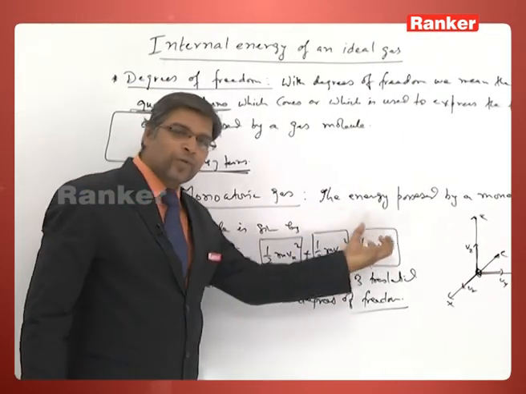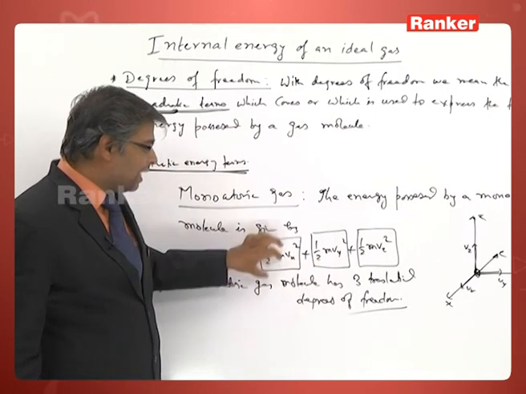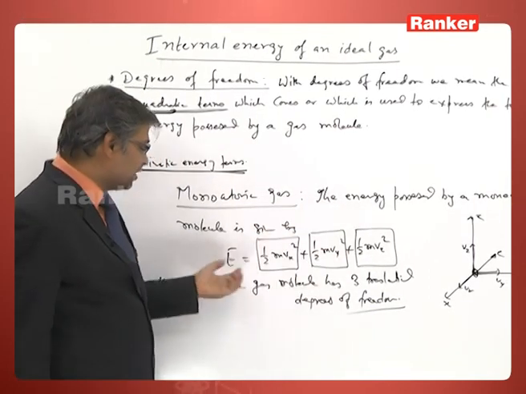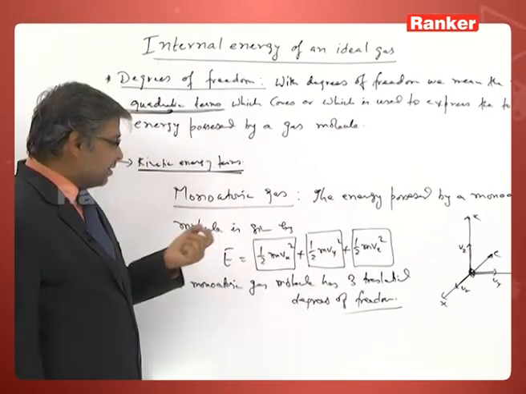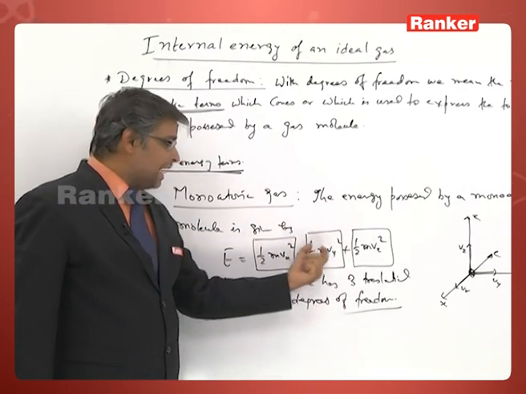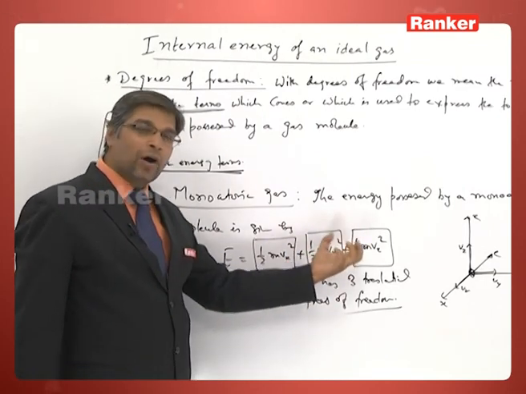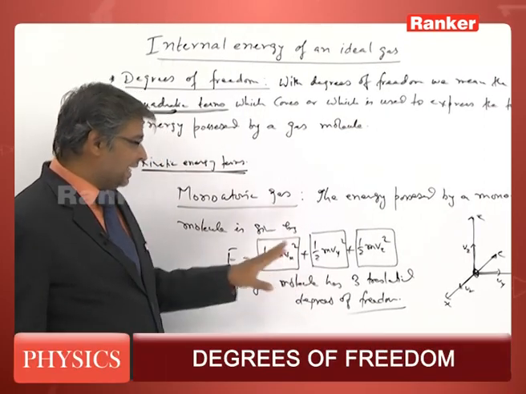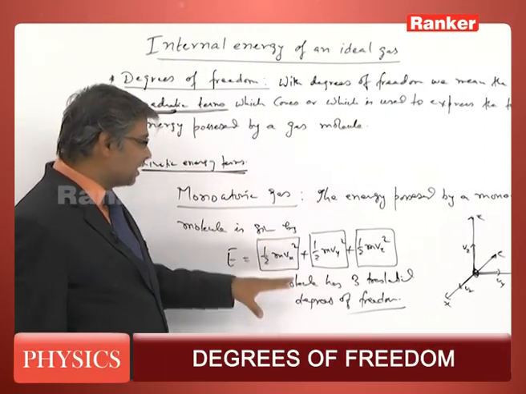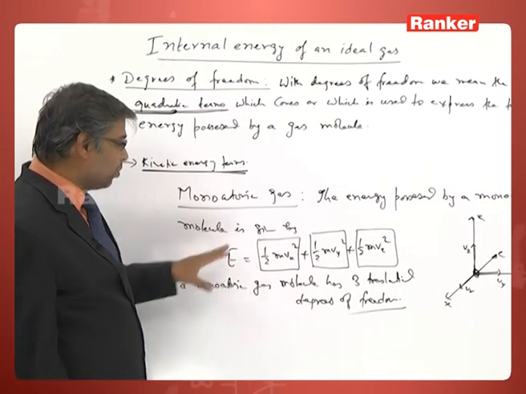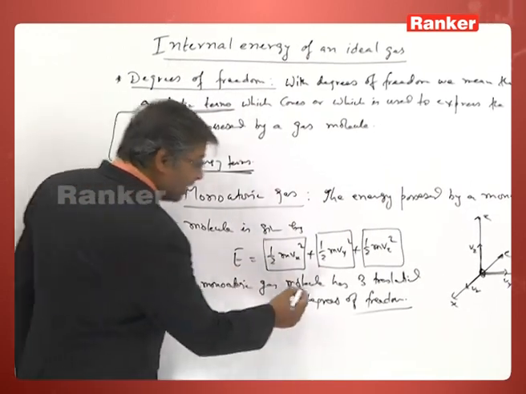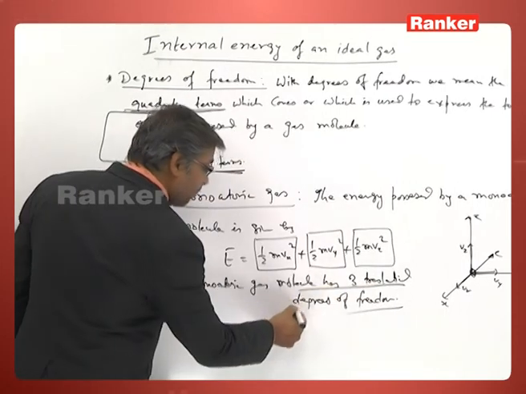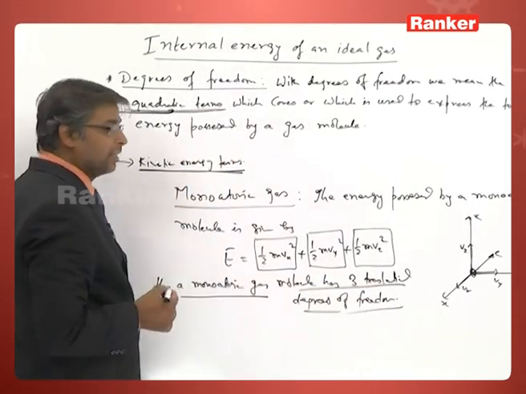So, degrees of freedom means all the individual kinetic energy terms which are used to express E. These kinetic energy terms can be assumed to be some pockets of energy, which I will explain later. First, let us see what the degrees of freedom are for different gases. We have three translational degrees of freedom for a monoatomic gas.